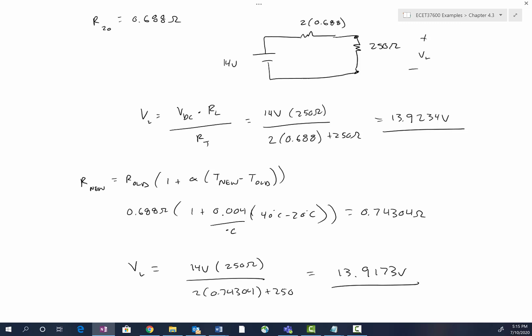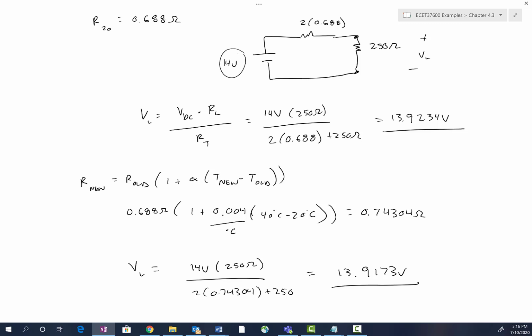So that is generally true of all systems, that the resistance will tend to increase with temperature. And so that 14 volts gets split amongst the two different resistors in our circuit model there, resulting in a decreasing load voltage as we see increasing ambient temperatures. So real effect in power systems.